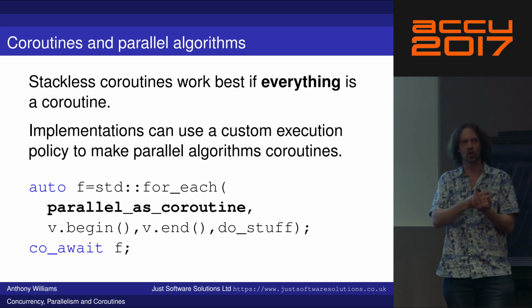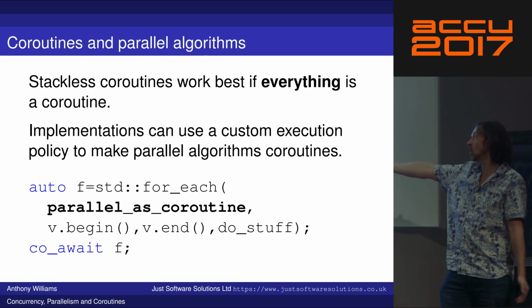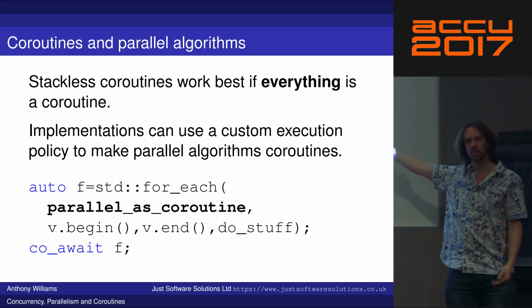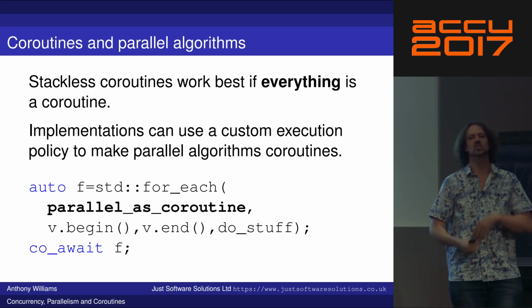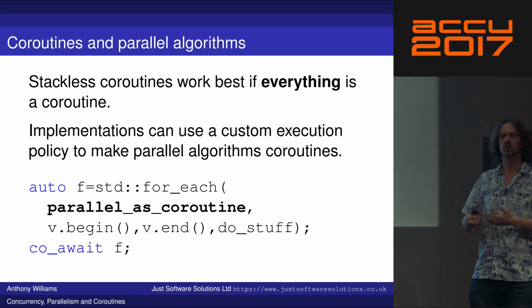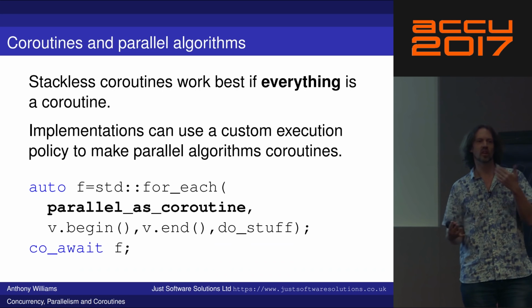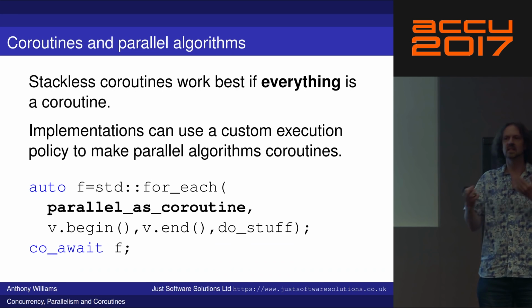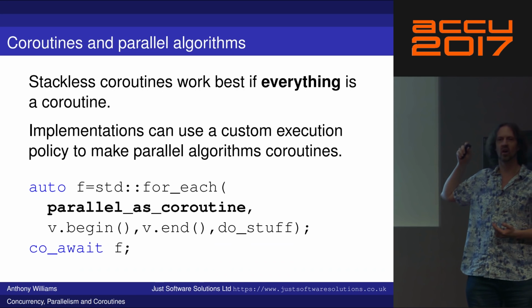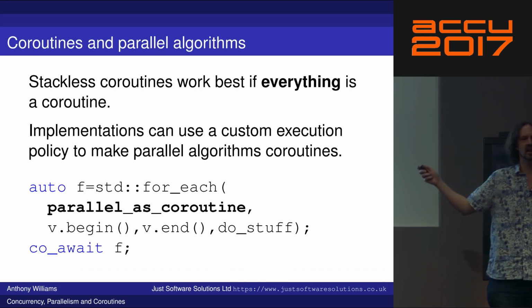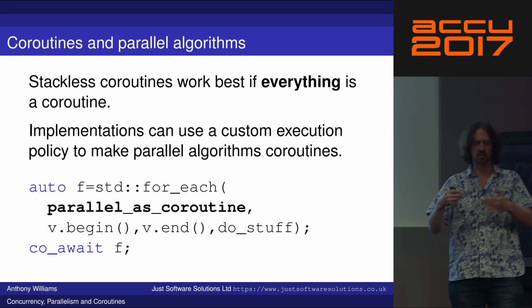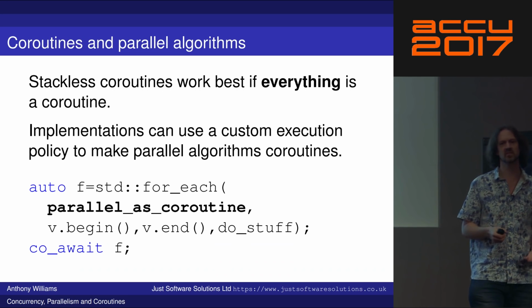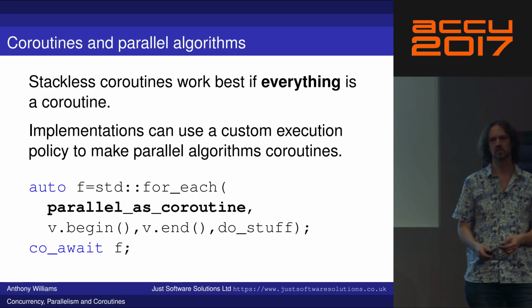Because then you've got coroutines all the way down, and you can co_await on the result of your parallel execution. This then works within coroutines, and you can build coroutines on top of that. This is an extension that I'm hoping to see in implementations as they combine both the parallel extensions from C++17 and the Coroutines TS.